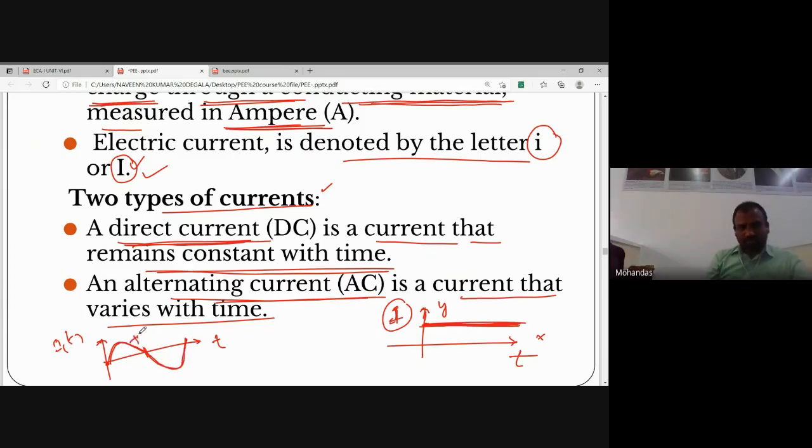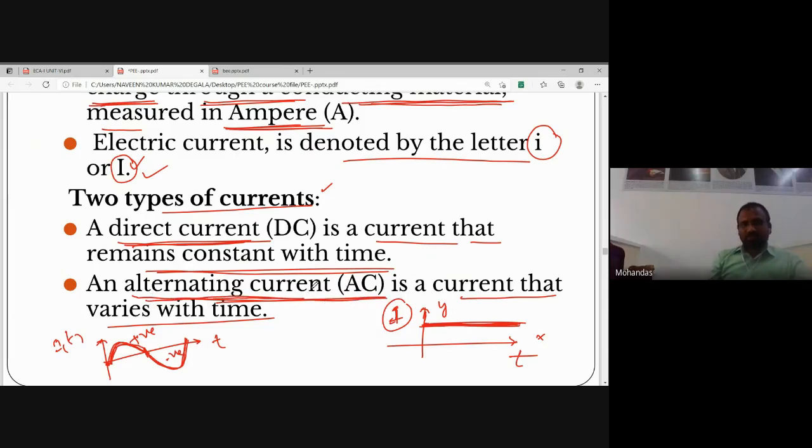So this is known as a positive magnitude and this is known as a negative magnitude. So the magnitude is changing or alternating. So it is known as alternating current.